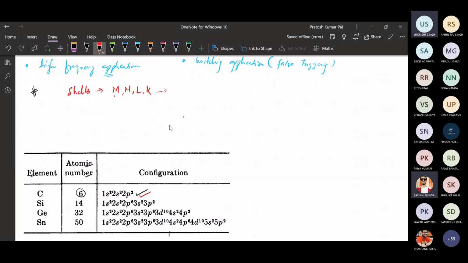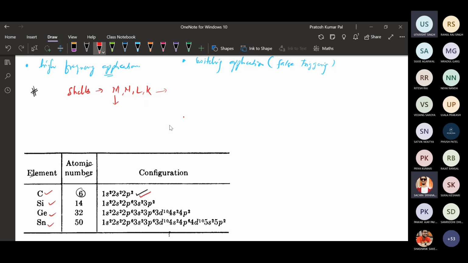These energy shells have S, P and D levels. Whatever electrons are available, according to the atomic number, these shells are filled with that number of electrons. This representation has been given in the case of carbon, silicon, germanium and Sn.